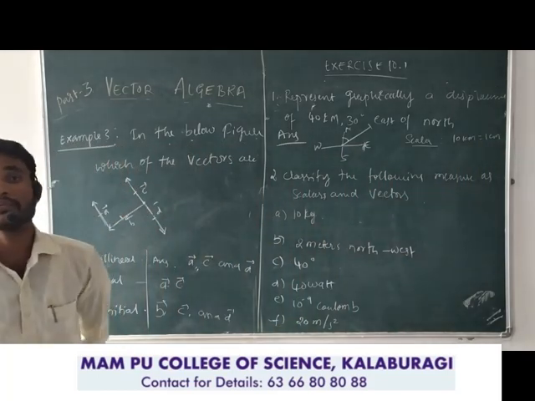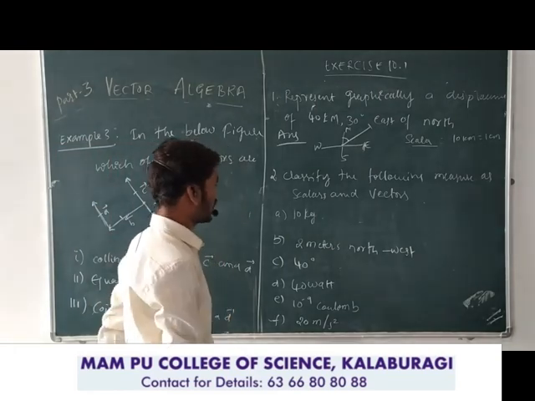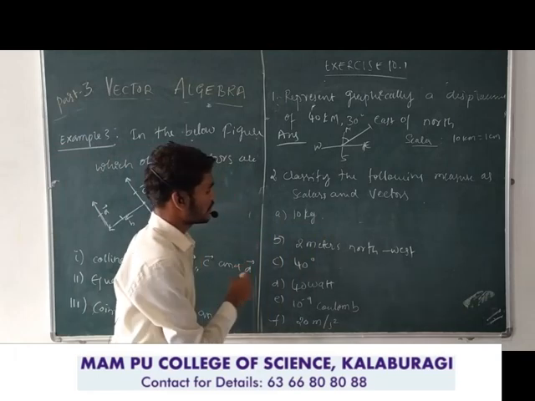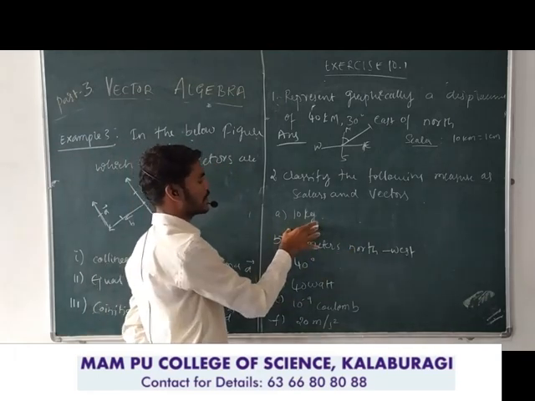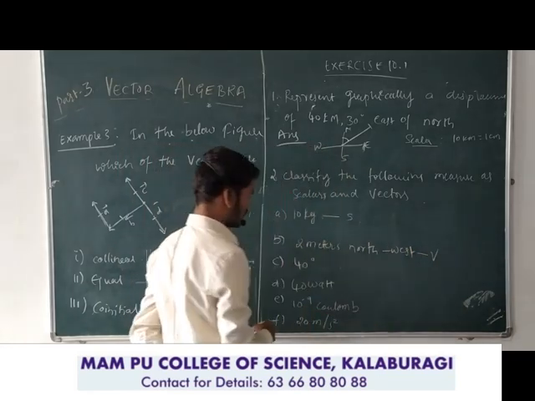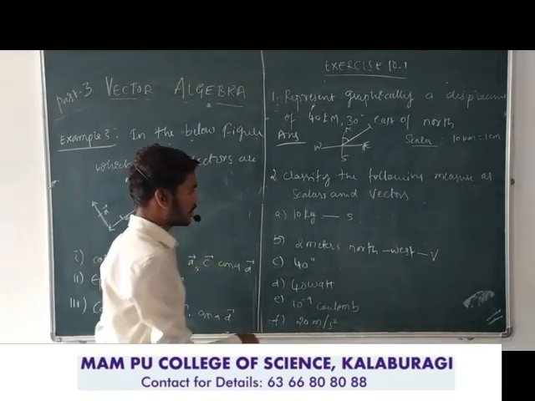Classify the following measures as scalars and vectors. Come to the first, 10 kg. Next one is 2 meters northwest. Here the direction is shown. Here only magnitude is there, so this directly goes to scalar. This is a vector. And this is 40 centimeter, which is an example of scalar.